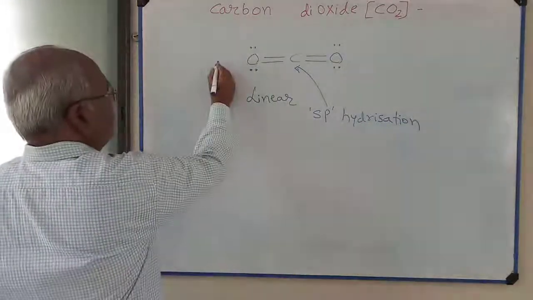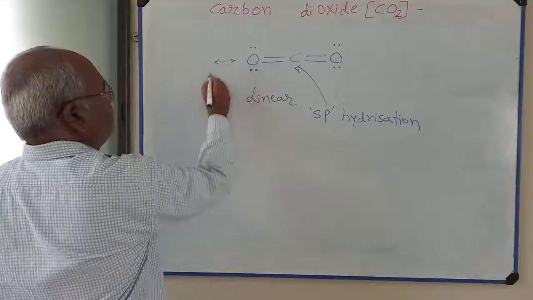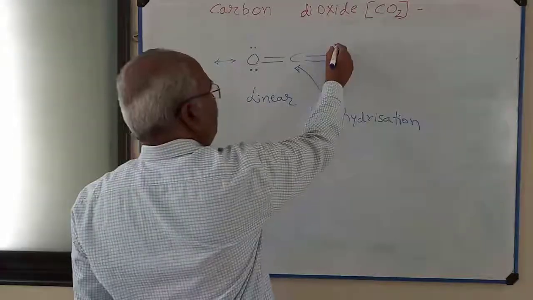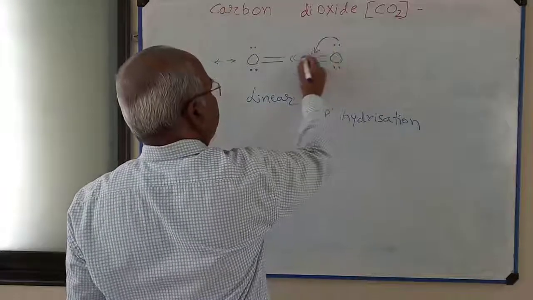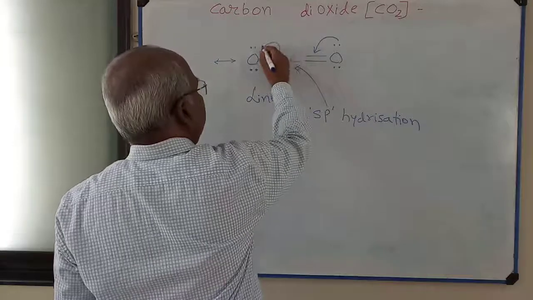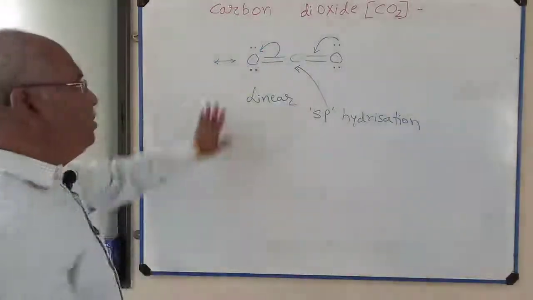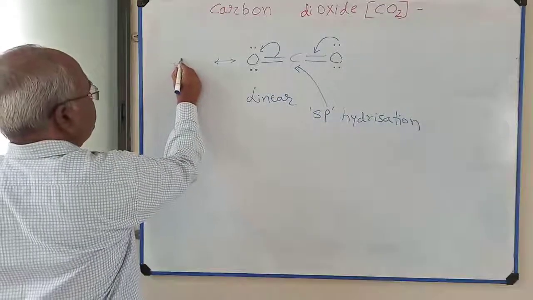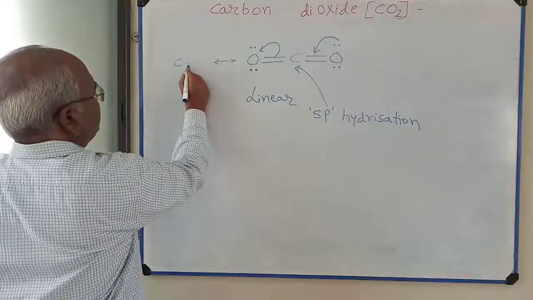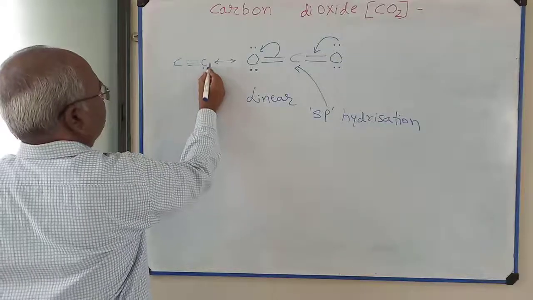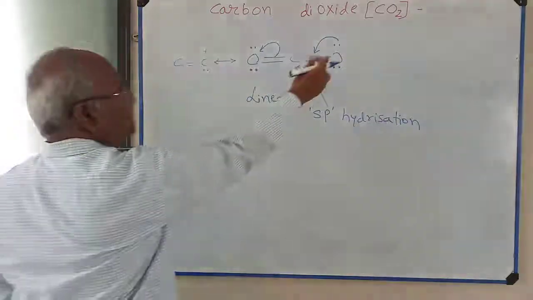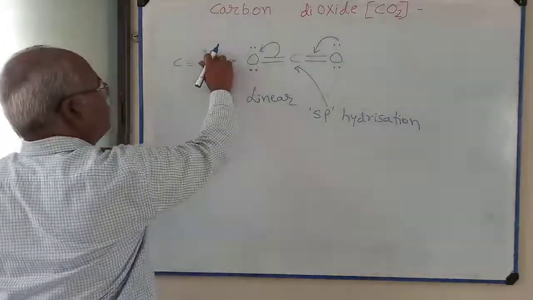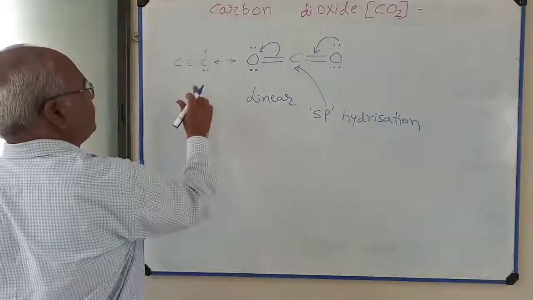I draw resonating structure for this carbon dioxide molecule. This lone pair is shifted here and these pi electrons are transferred on this oxygen. So the structure becomes C triple bond O. Electrons are shifted from this oxygen, therefore oxygen becomes positively charged.